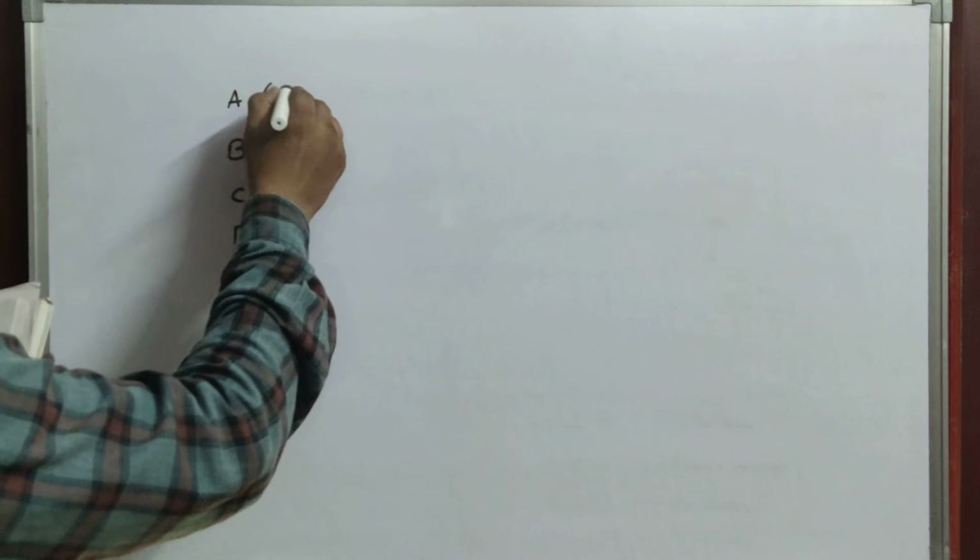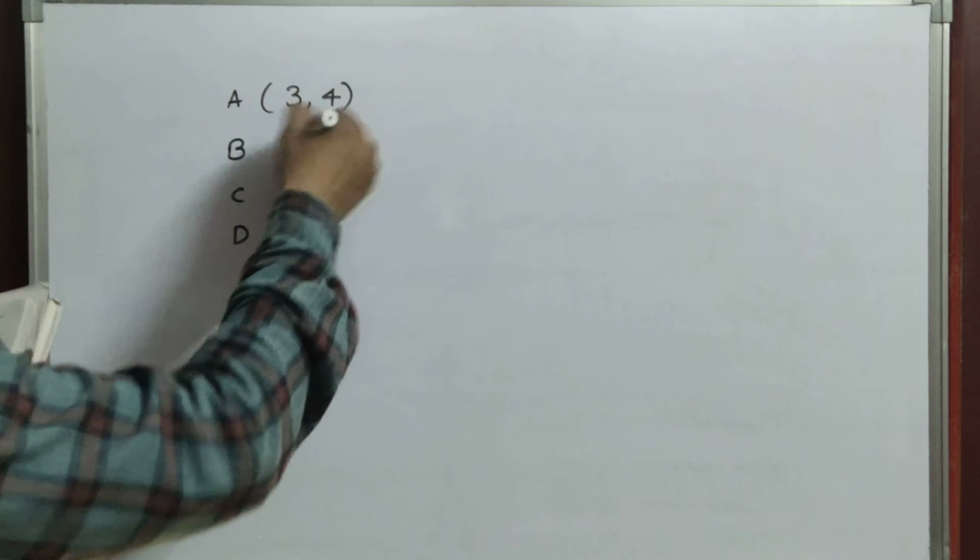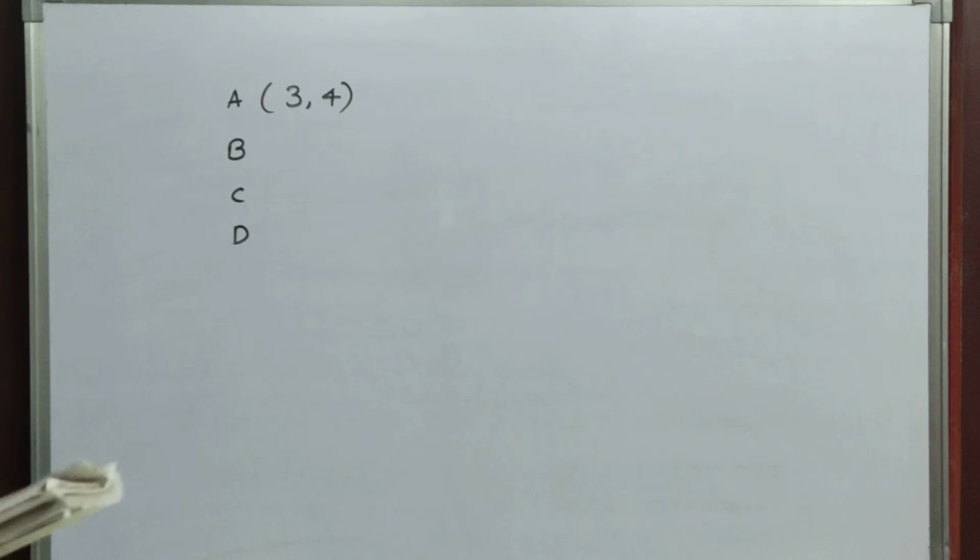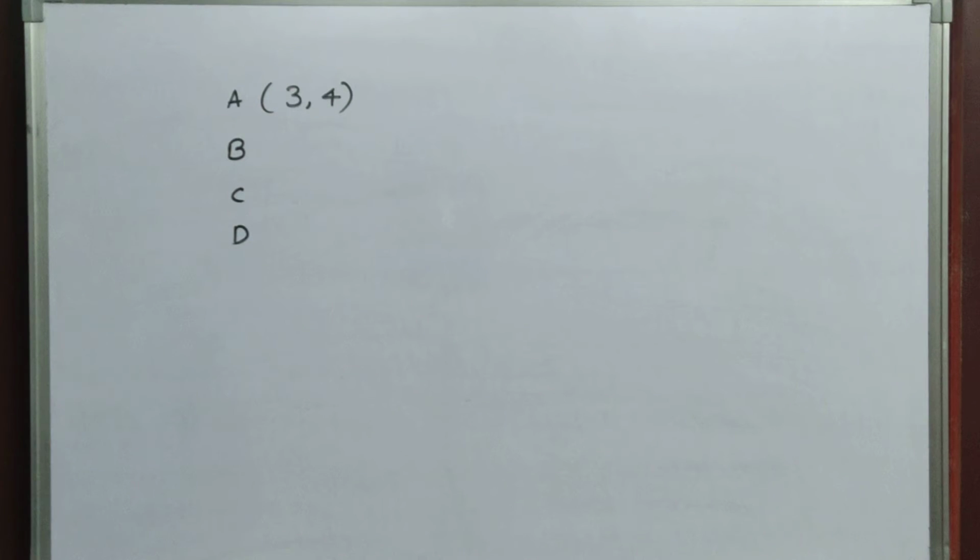So point A is (3, 4). If you clearly observe the figure, you will understand, here 3 and here 4. So just go through the textbook.